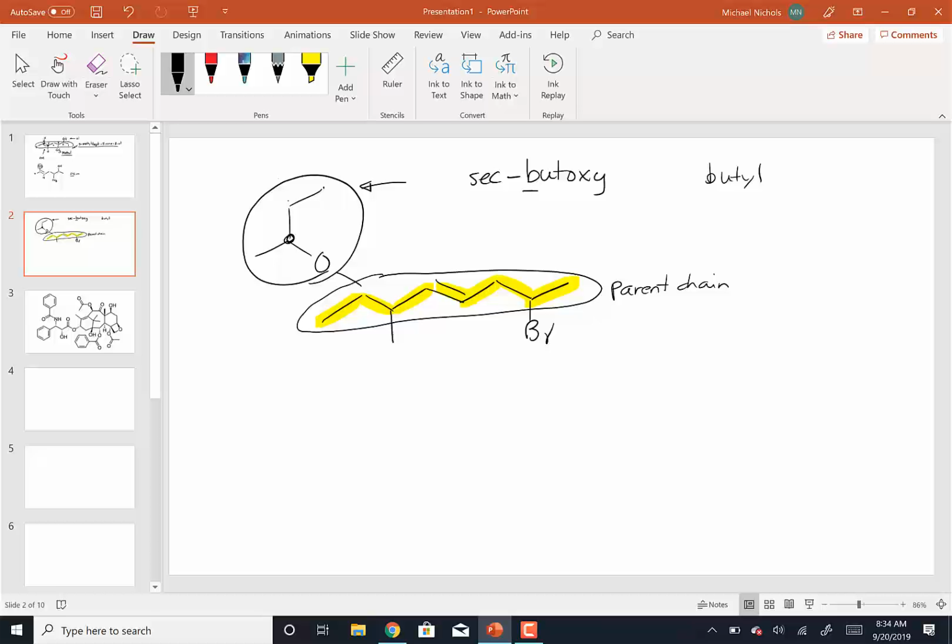That means I number from the end closest to the double bond. That's going to be 1, 2, 3, 4 that way, and 1, 2, 3, 4 that way. So we have a tie.